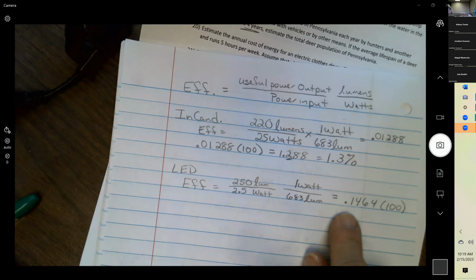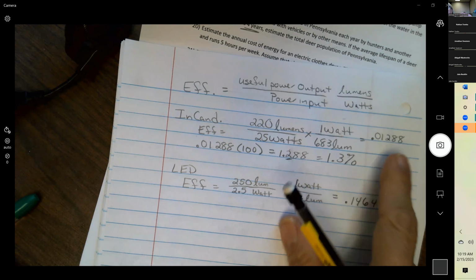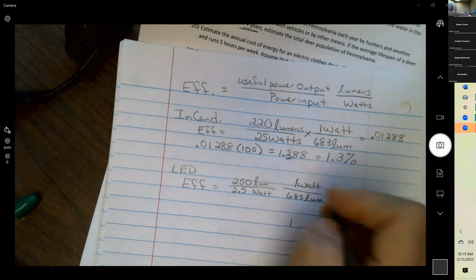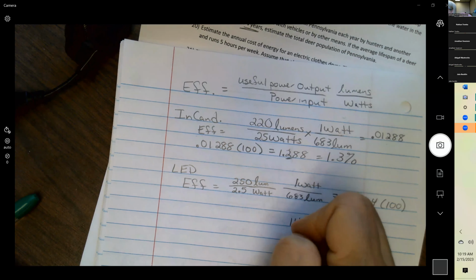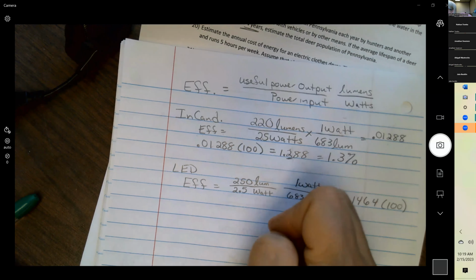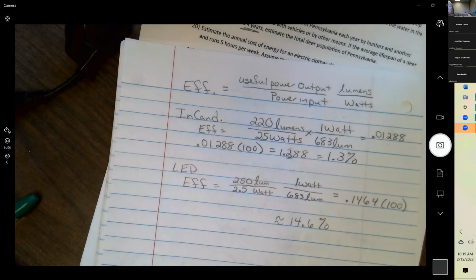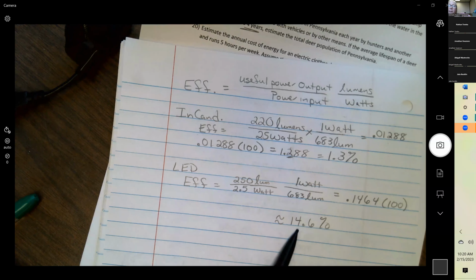So we get 0.14. Notice it's definitely larger. If we make it a percent by multiplying by 100, we're getting 14.6%. Definitely more efficient than the incandescent light bulb. And that's why they're trying to convert to all LEDs. Not the best light to do homework under, but you're saving. They're a lot more efficient. And they're supposed to last a lot longer.